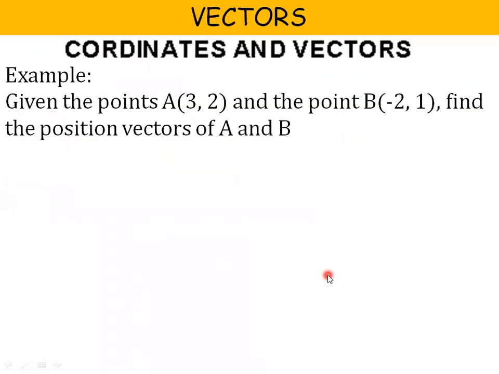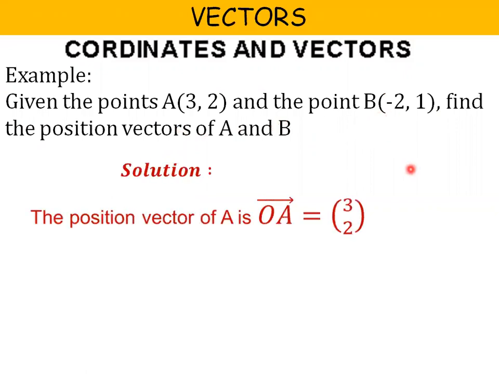Now let us take a look at this example. Given the point A, 3, 2, and the point B, -2, 1, find the position vectors of A and B. In finding the position vector of A and B, remember if the point A is given, then the position vector is going to be vector OA, and that will be written as the column vector 3, 2.